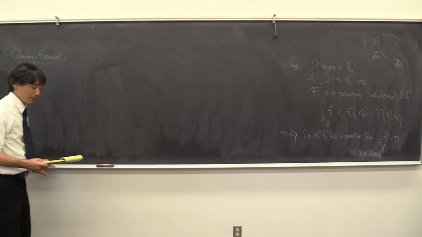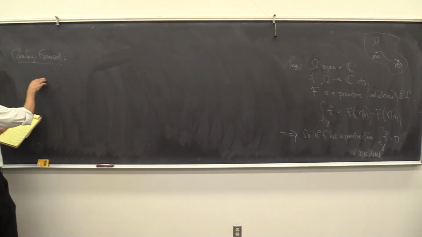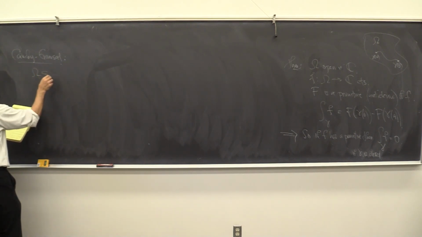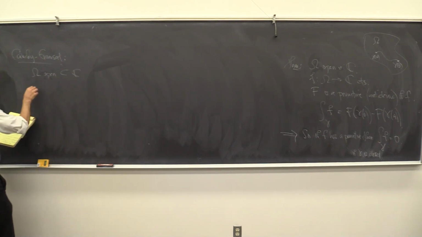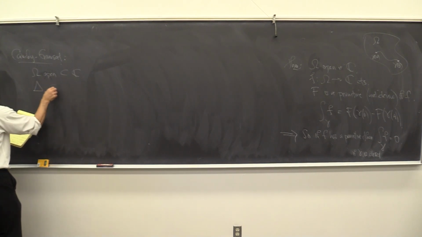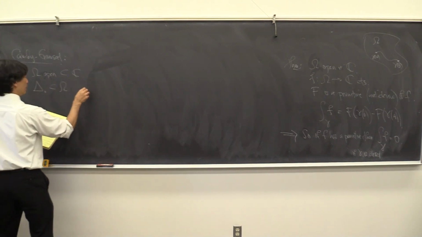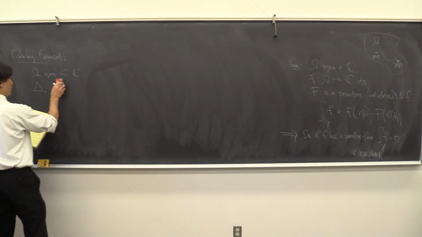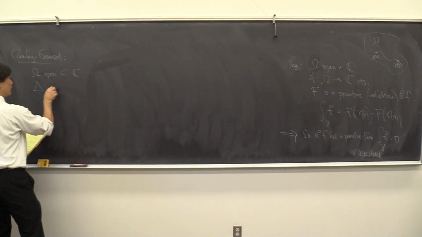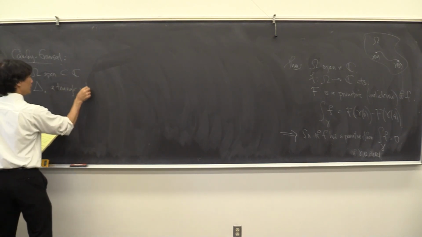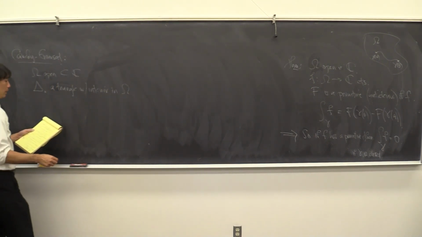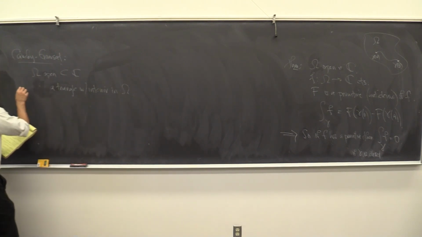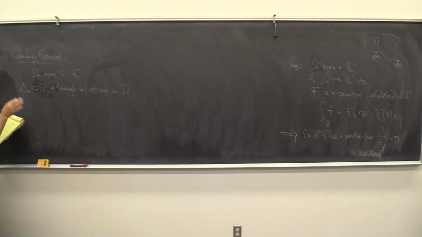Okay. So here's the statement. You have omega, an open set in the complex plane, and you have delta naught, a triangle inside omega. So delta naught is contained in omega, and it's a triangle with its interior in omega.